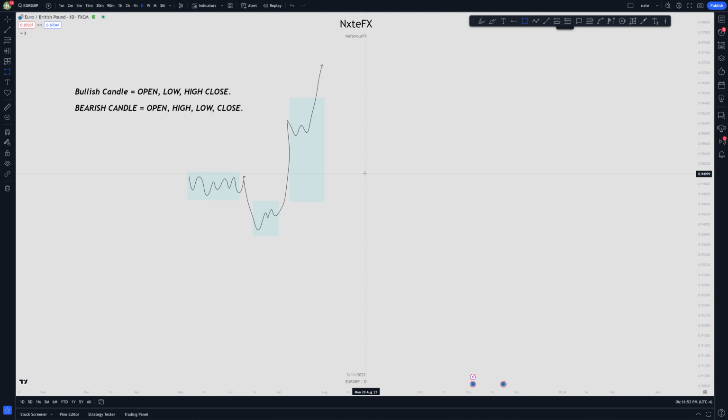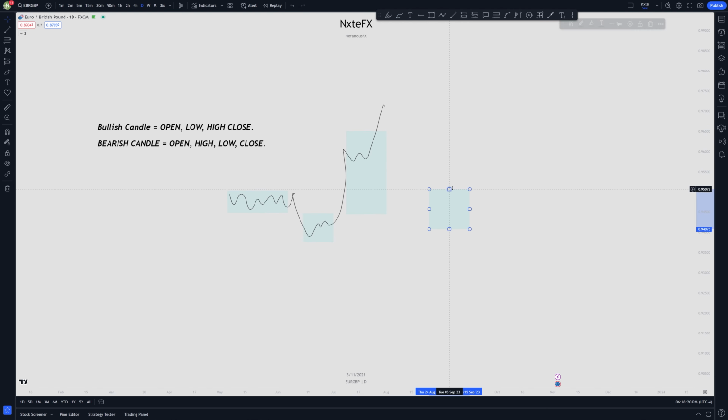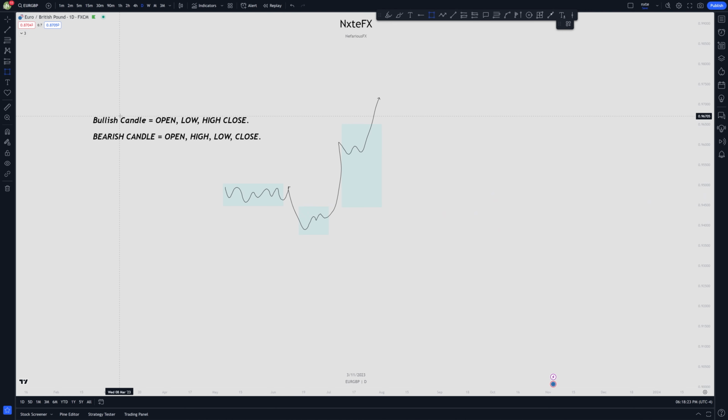So again, we have the open, it's ranging, lack of volatility, everything's fractal. We have the open, then we make the low, and this is also your candlestick. For a bullish candle, what happens? We open, this is the opening candle, this is how the candle's forming.